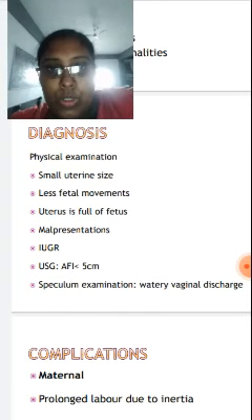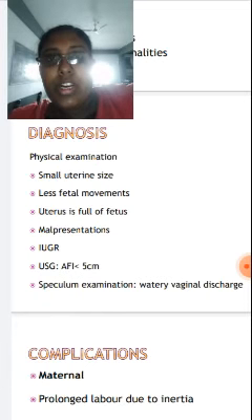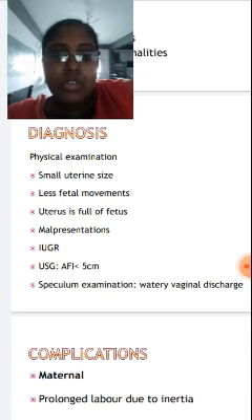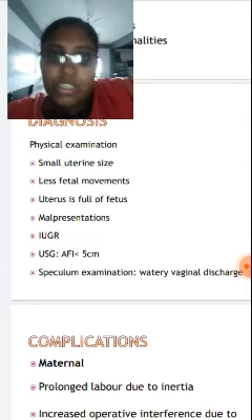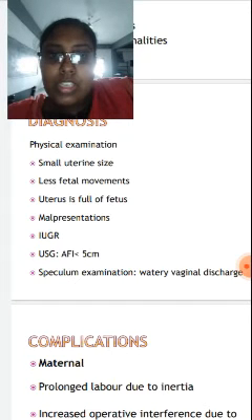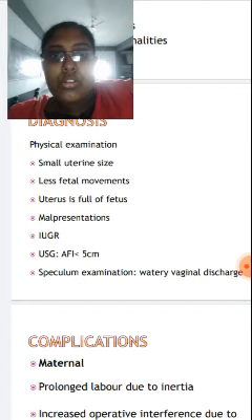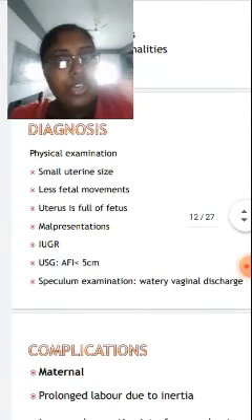Ultrasonographically, we count the vertical pockets of amniotic fluid by dividing the abdomen into 4 quadrants and assessing each quadrant. That is called amniotic fluid indexing. If it is less than 5 centimeters, where normal is 5 to 24 centimeters, we can suspect oligohydramnios.